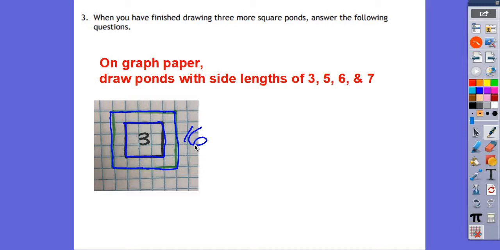Thank you. Alright, so you're taking some time to draw. You should have 4 different size ponds on your paper. Count 5, 5. The main piece of information I'm looking for is how many tiles it's taking to outline my pond for these side dimensions.